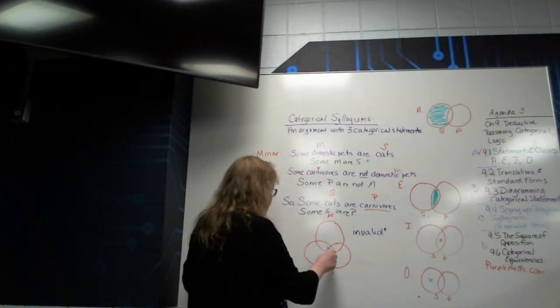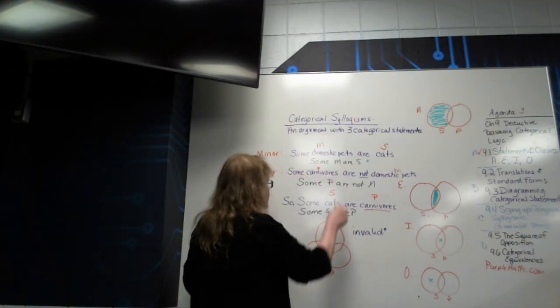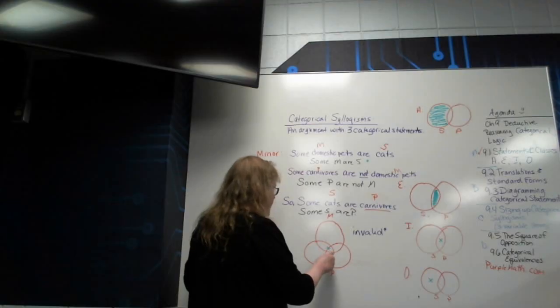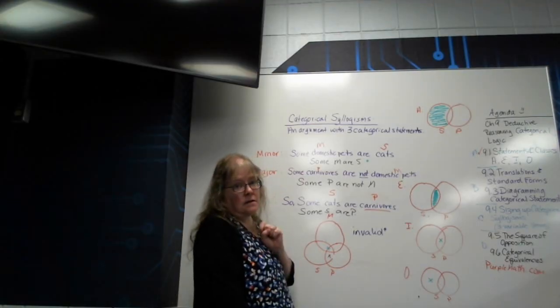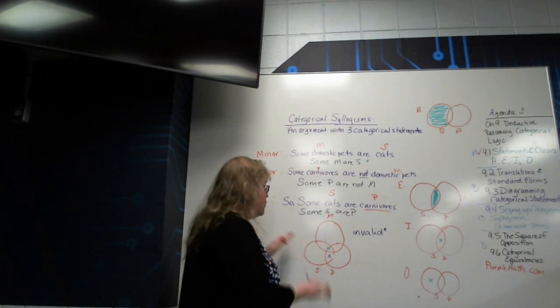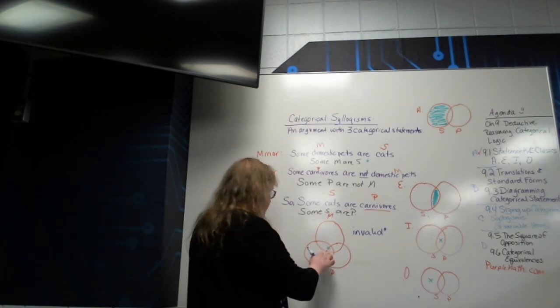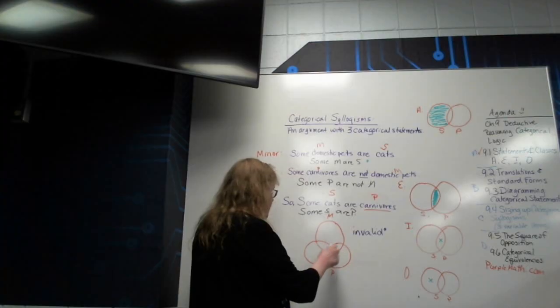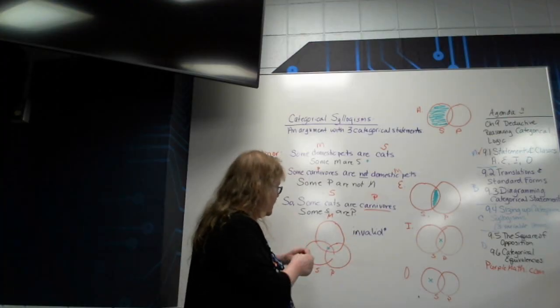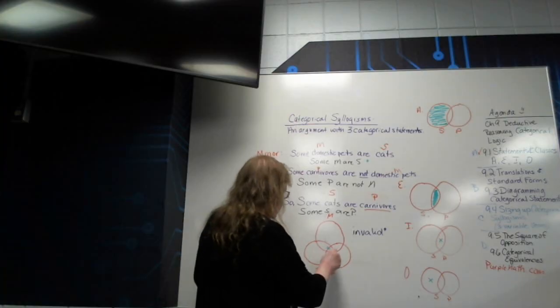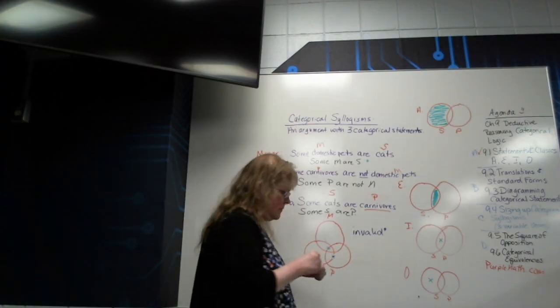If I had put my X for not domestic in there, then yes, I could be valid. Okay, but you have to look at what you've drawn and go with that. Okay, in this case, we're going to say this is invalid. Okay, because we could not say that from where I put it.